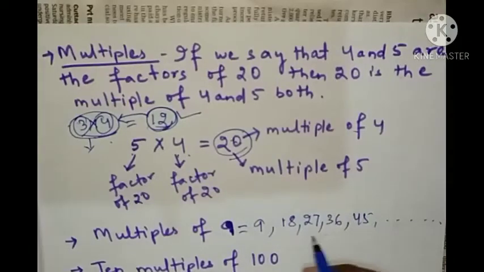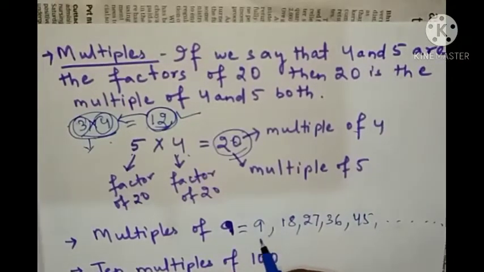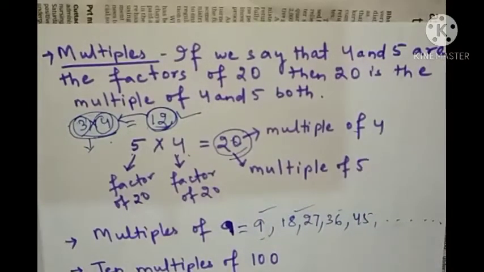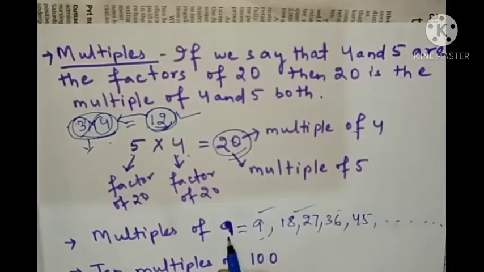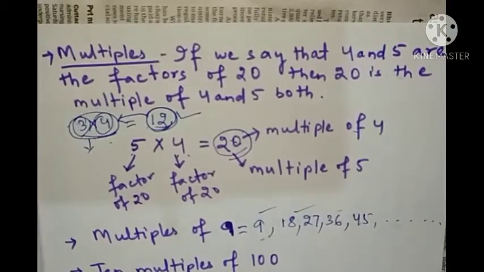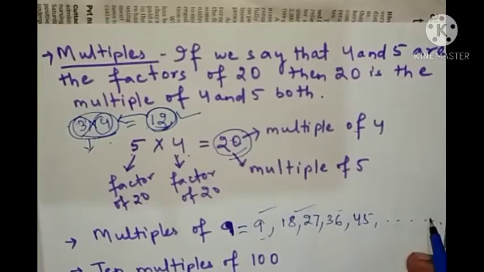Whatever number you multiply by, you get the multiples. There are so many multiples, because there are infinitely many numbers, so you can find infinitely many multiples.